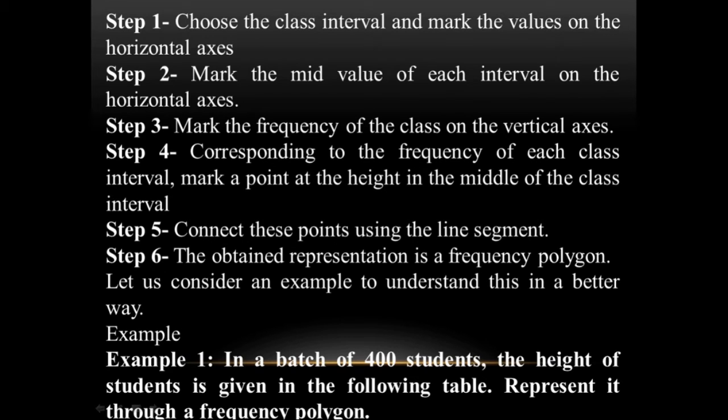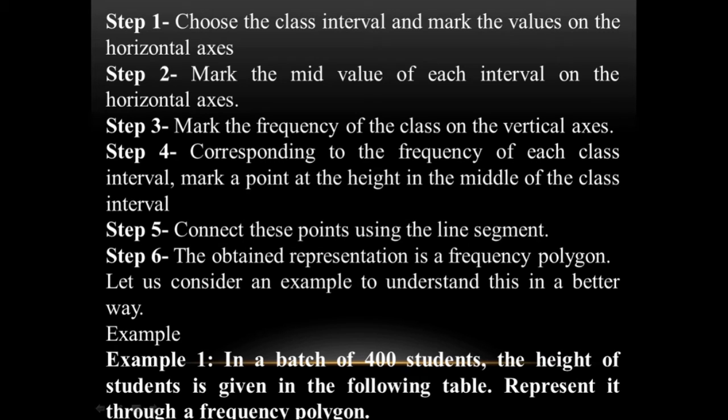Step 3: mark the frequency of the class on the vertical axis. Step 4: corresponding to the frequency of each class interval, mark a point at the height in the middle of the class interval. Step 5: connect these points using line segments.